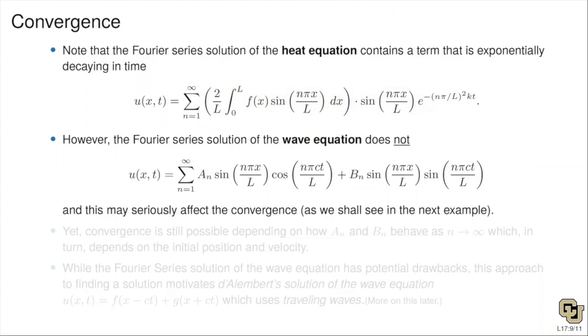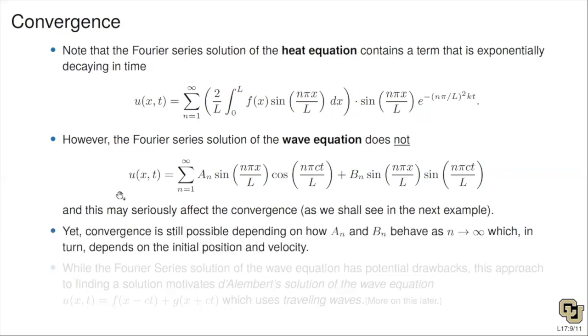That's why I was trying to tell you to really enjoy the heat equation while you can, because it's very nice with the decaying exponential term. However, even with all these issues, convergence is possible. It all really boils down to the coefficients, which depend on the initial conditions. A sub n is 2 over L times the integral of u of x times sine n pi x over L, and B sub n is some constant times the integral from 0 to L of v of x sine n pi x over L dx.